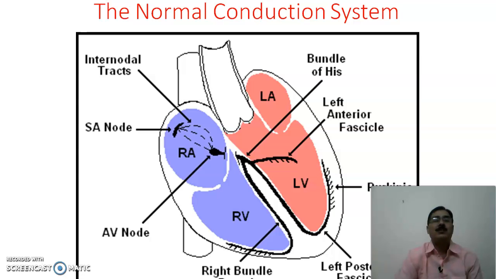This is the conduction system of the contraction of the heartbeat. You can see the SA node, that is the sino-auricular node, which is also known as the pacemaker, present in the wall of the right auricle, and it transmits the impulses through internodal tracts to the AV node, that is the auriculoventricular node, and from the AV node via the bundle of His they go to the walls of the respective ventricles, that is the right and the left ventricle, through the right bundle branch and the left bundle branch, the Purkinje fibers.